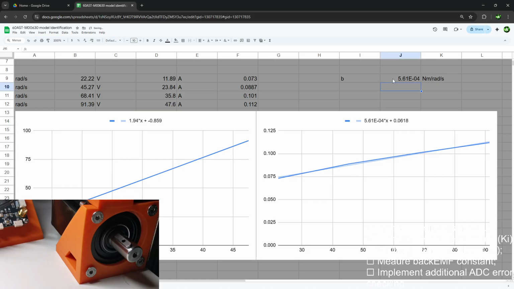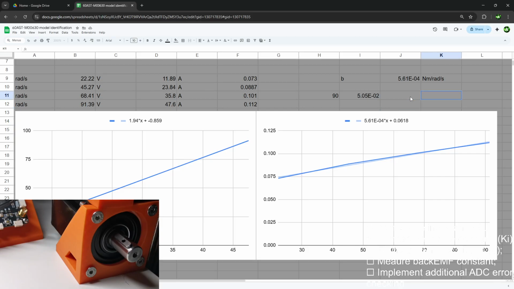So in our case, at 90 radians per second, we will get this value multiplied by this value, which is 50 milliamps, which is correct. Perfect. And we also have this value, which represents our friction current, and represents it much better than we measured it at our torque measurement.